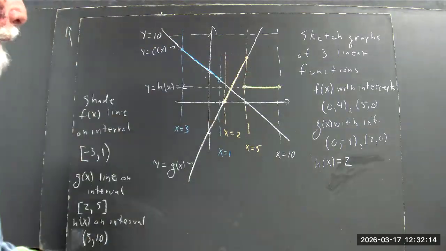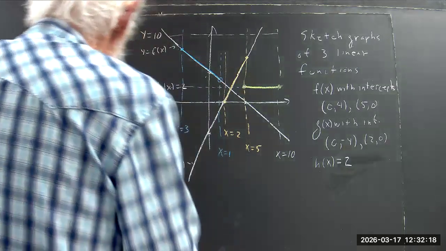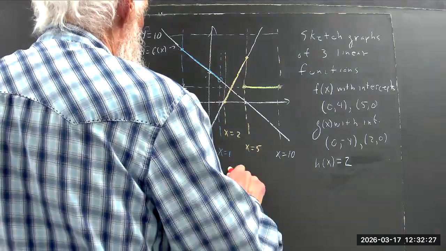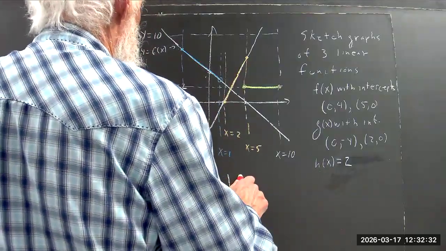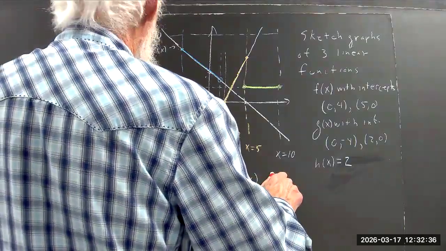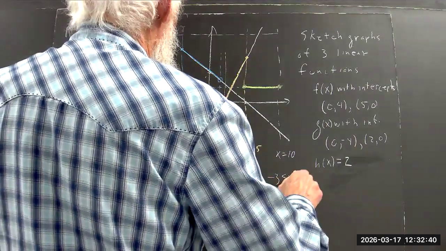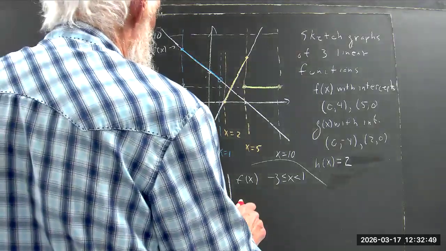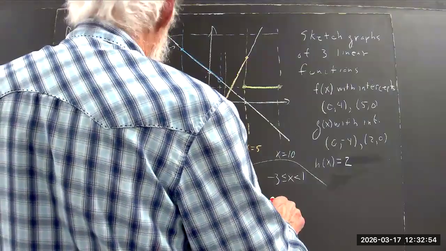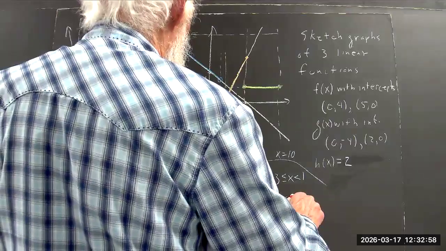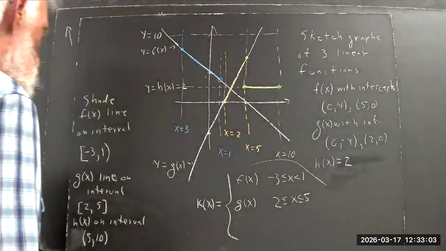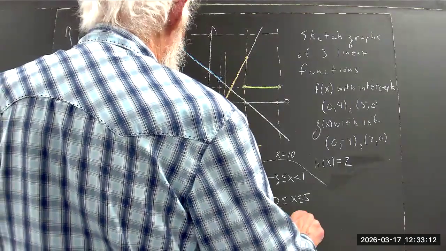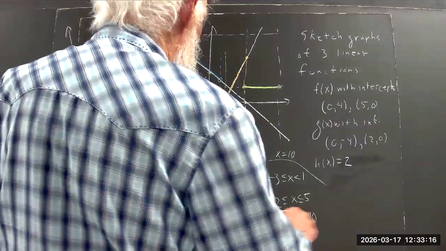And now the blue, orange, and green graphs make up the graph of the function k(x) equals the f(x) function from -3 to 1, from x equals 2 to x equals 5, and the h(x) function from x going from 5 to 10.